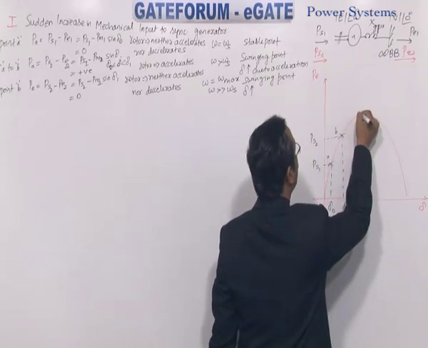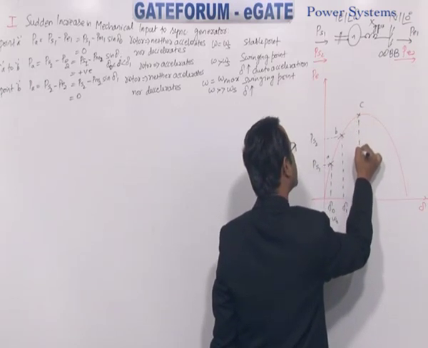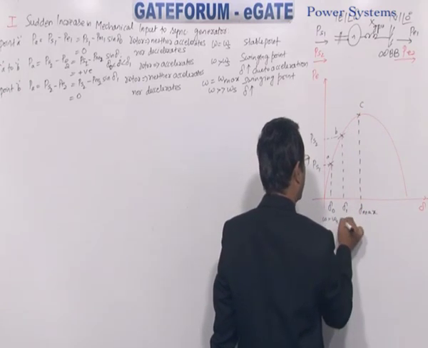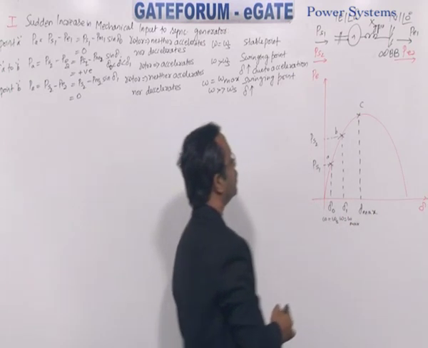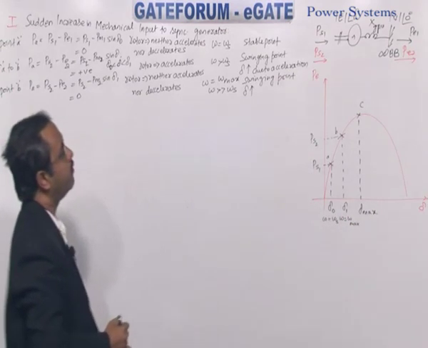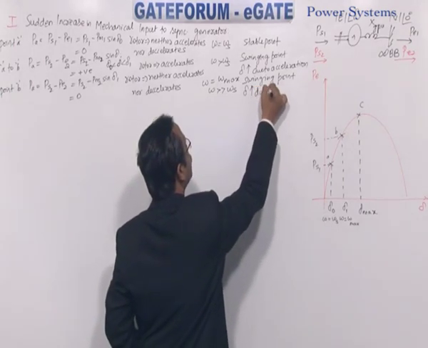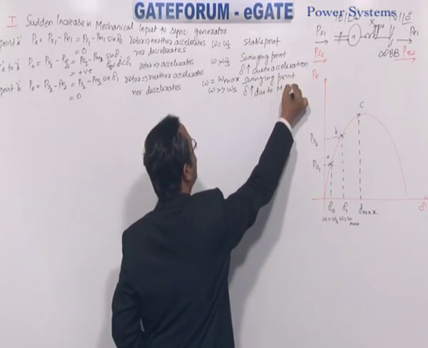How long? You don't know. Assume that some point is C, and say this is the maximum value of delta. So delta increases. Why? It is due to moment of inertia.